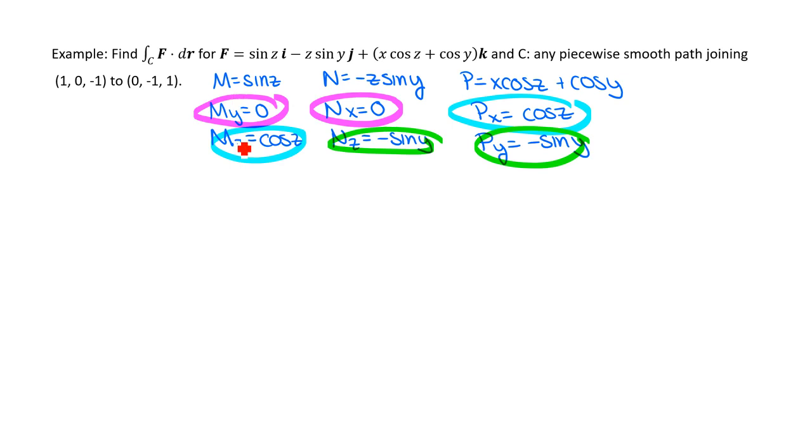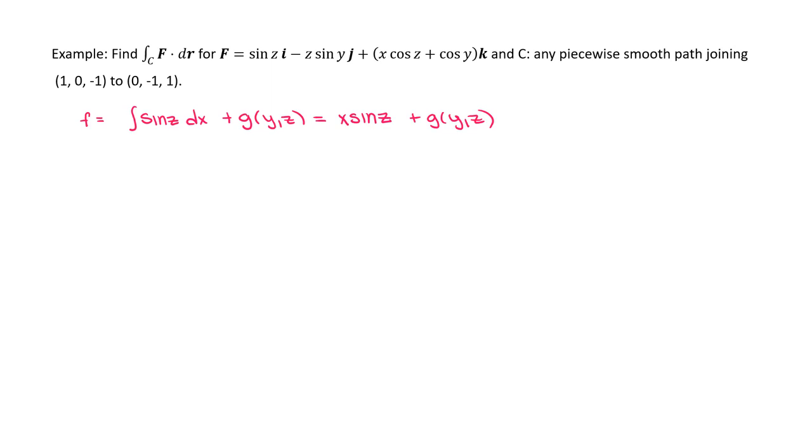The derivative of m with respect to z is cosine z, the same as the derivative of p with respect to x. And finally, the derivative of n with respect to z is negative sine y, which is the derivative of p with respect to y. So this is a conservative vector field, and my next step is to find the potential function.